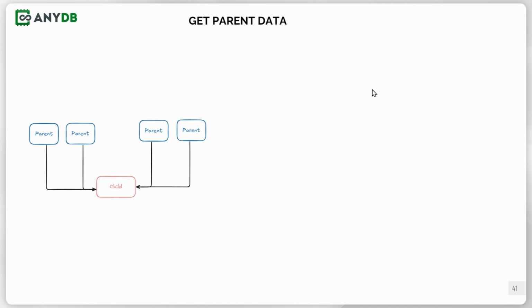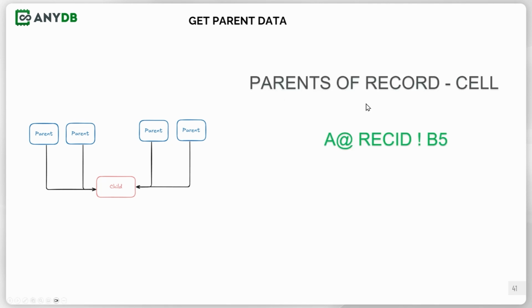To get the data from its parent, you have the formula where you say A at record ID and B5. And again, instead of typing in the record ID, you can say current rec of B5. This is going to return to you the values of the B5 cell from these parents, which is going to be, let's say, 4 numbers. And you can use a sum or average to do anything with it.